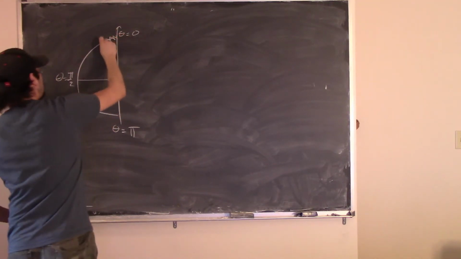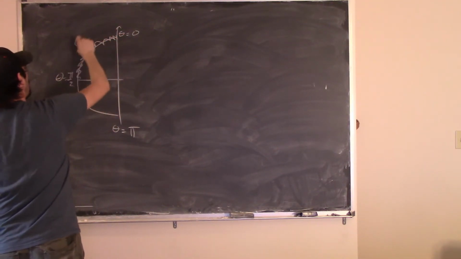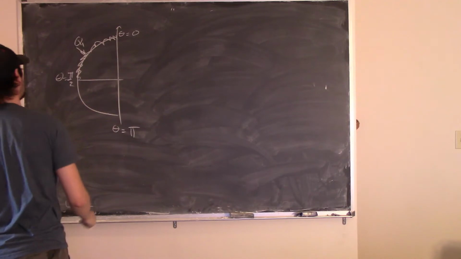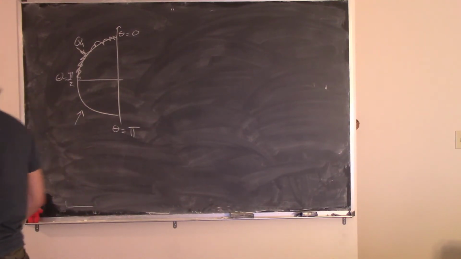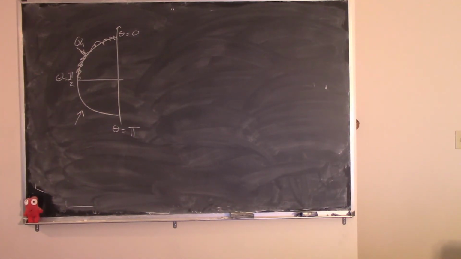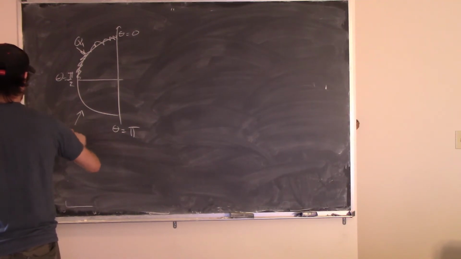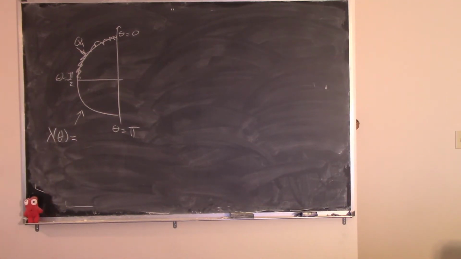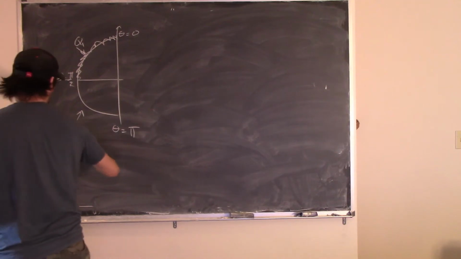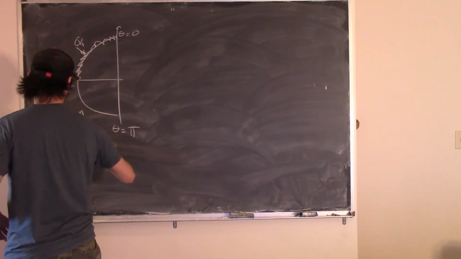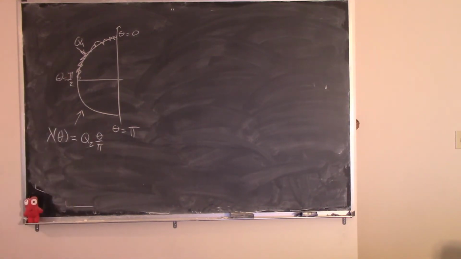So there's some q1 that's uniformly distributed here, and here you're given some function. Here it says that you have some function for lambda as a function of theta. So this is lambda as a function of theta is going to be equal to q2 theta divided by pi. And I also need a radius here. This is just a radius of r.